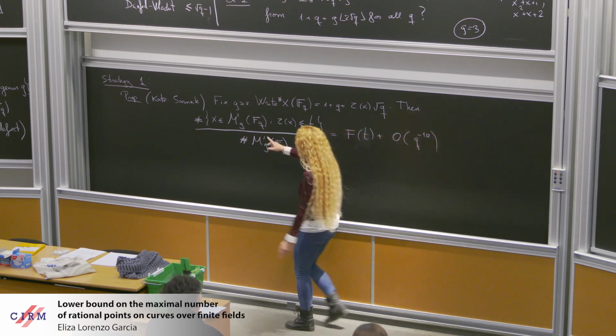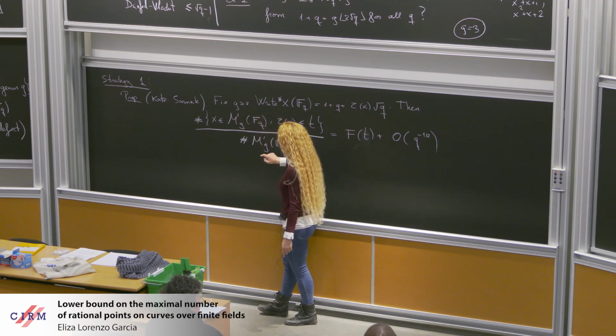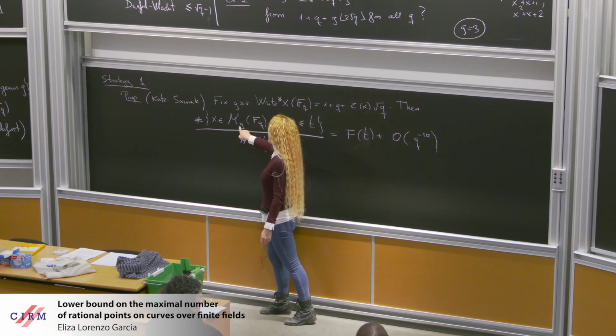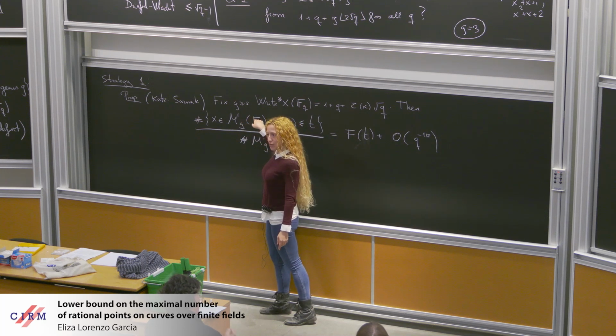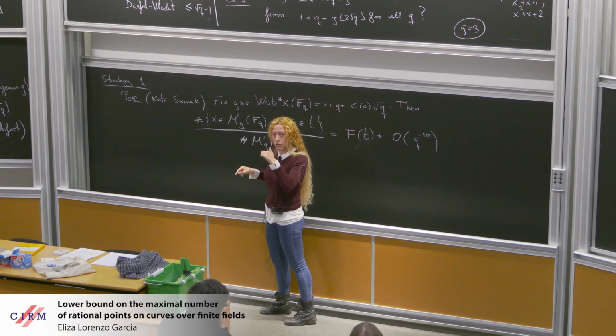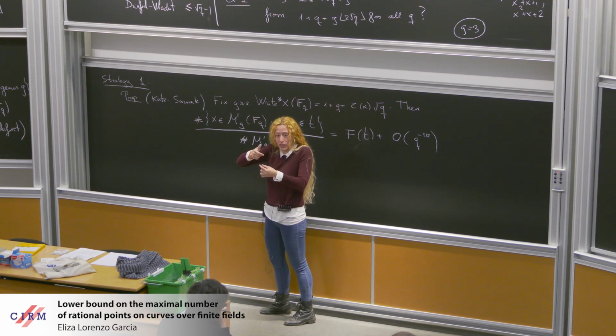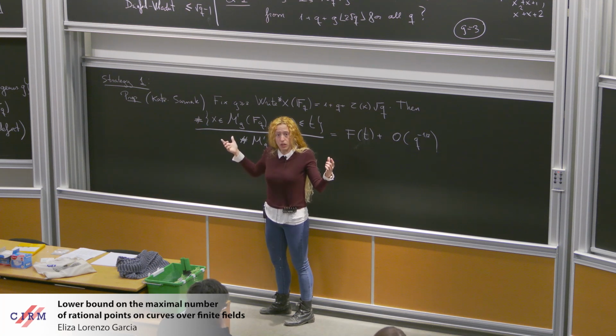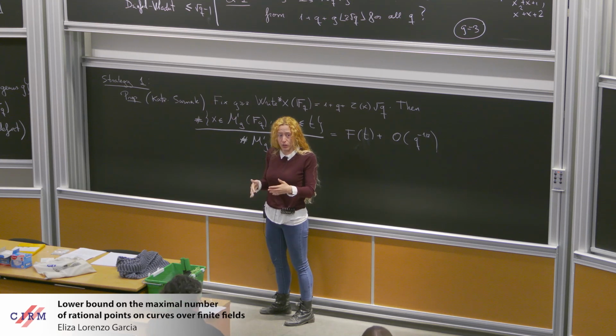I wrote here a prime because it's not really the curves over F_q up to F_q-bar isomorphism. I really want to look at the curves up to F_q isomorphism. Because if I'm looking at the number of points, if I consider a twist, then the number of points can be different. So I really have to consider up to F_q isomorphism.